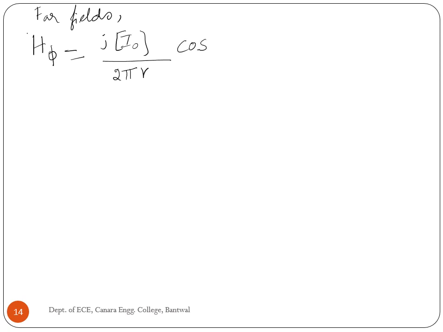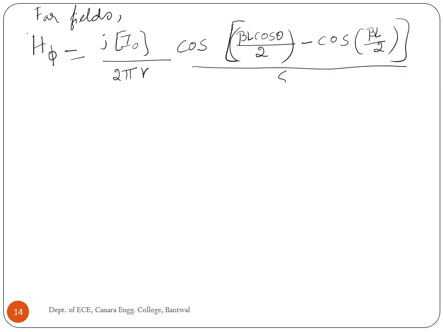Far fields for center-fed dipoles are H phi and E theta. H phi is equal to j I naught divided by 2 pi r times cos of (beta L cos theta divided by 2) minus cos of (beta L by 2), divided by sin theta.